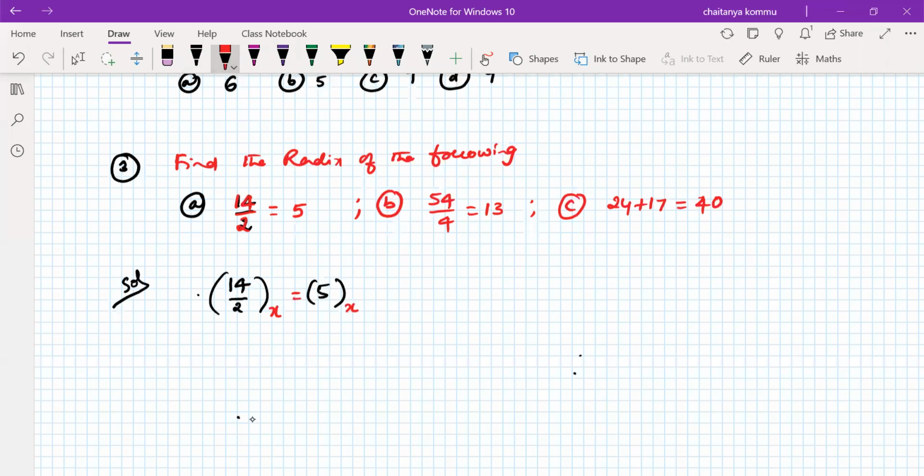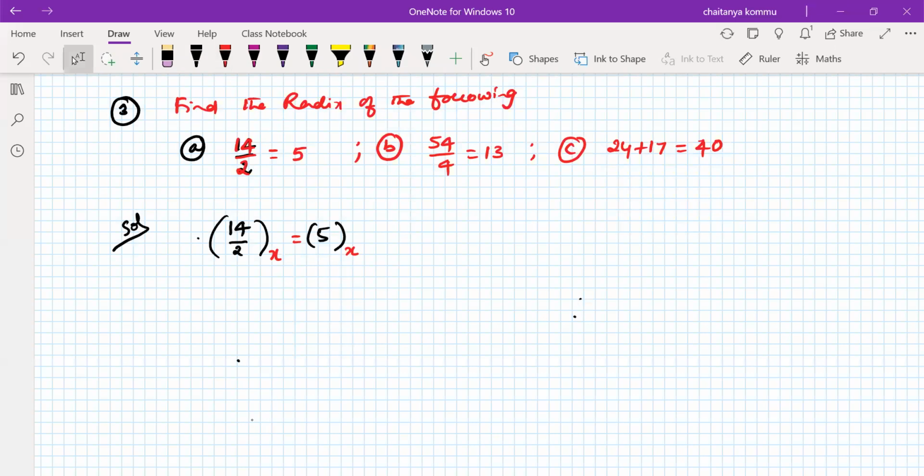Then only is the particular operation a valid operation. So in that sense, 14 of base x will be there.